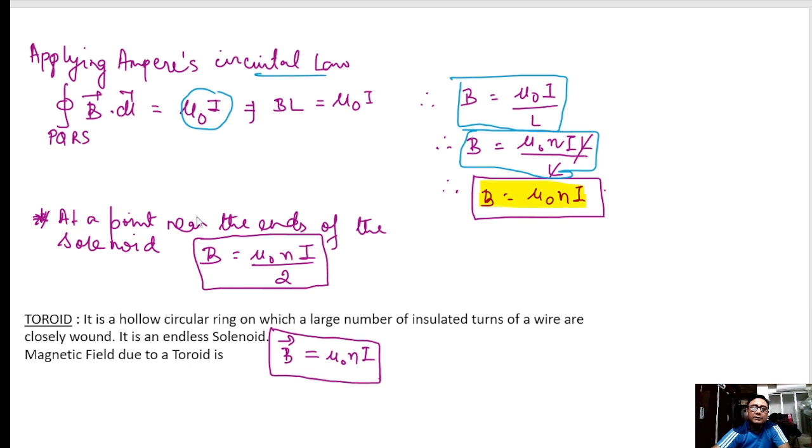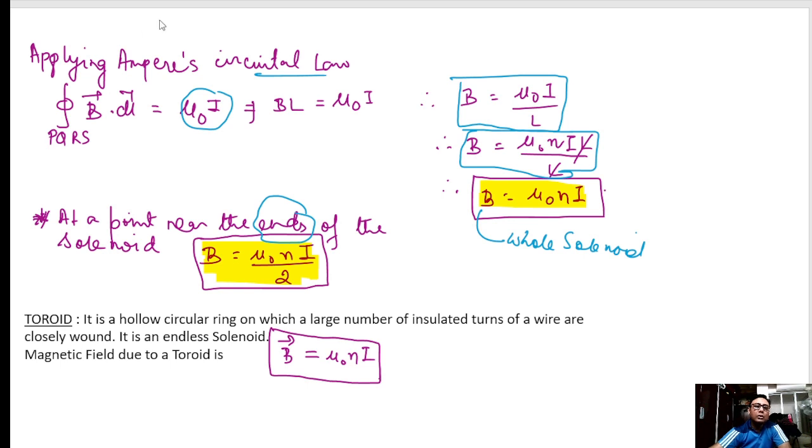And this is the magnetic field at any one end of the solenoid. This is due to the whole solenoid, and this is at a point near the ends.